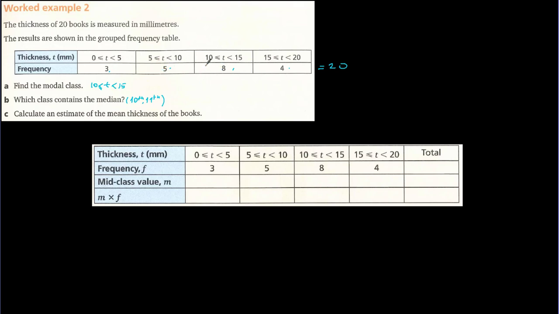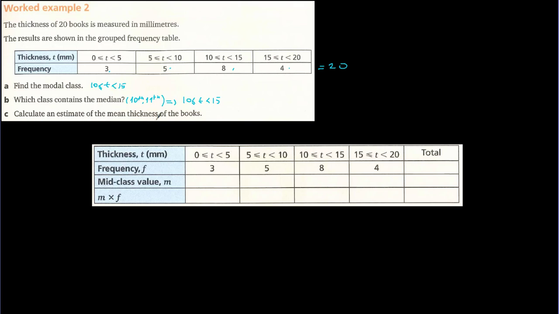Then after 2 more, the 10th is going to come. It means that again it is in that class, so the class of it is 10 to 15. Again I'm repeating this part: here we have 3 books, then 5 books, 8 books. So the 10th book is in this group. That's why the median group should be here, class of median.